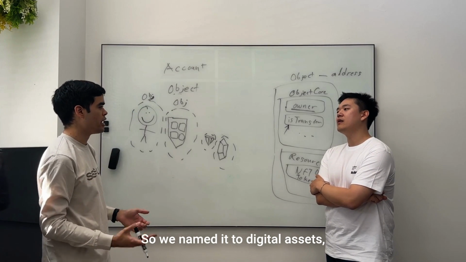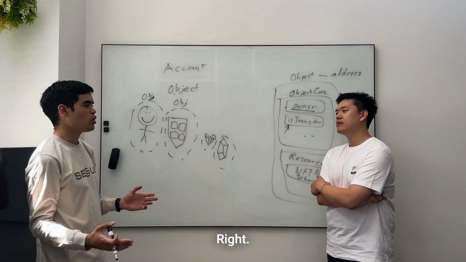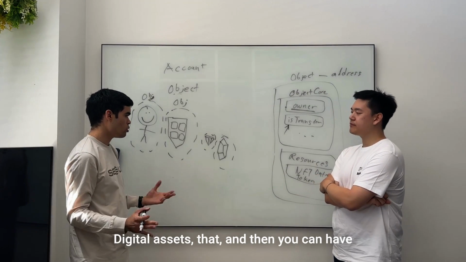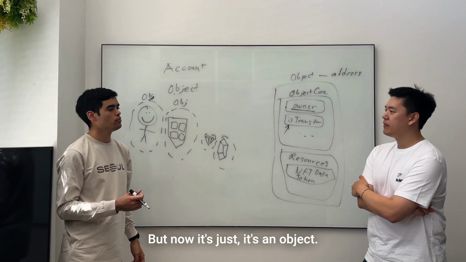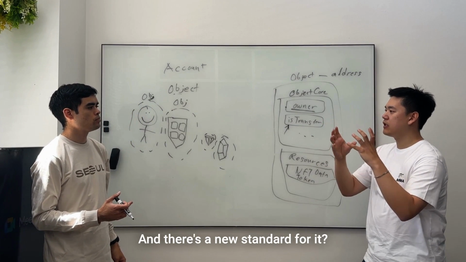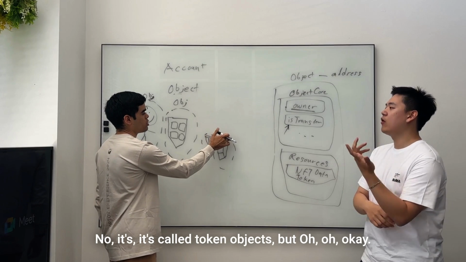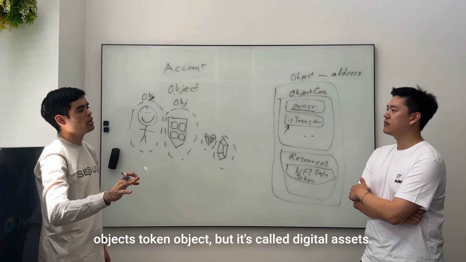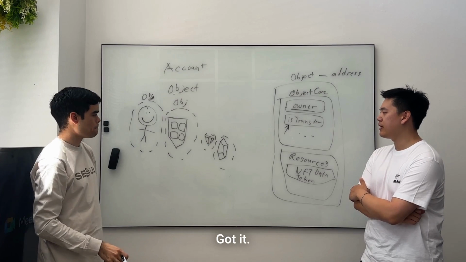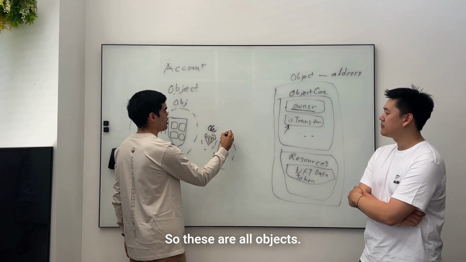So we named it digital assets, which is really what it maps to, and you can have the ability to make them non-fungible. The standard and the docs somewhere say token objects, but it's called digital assets. Okay, let's go to this first. So these are all objects.